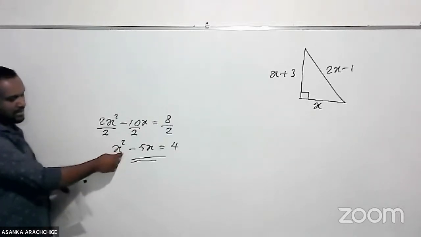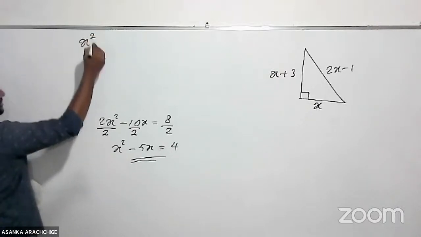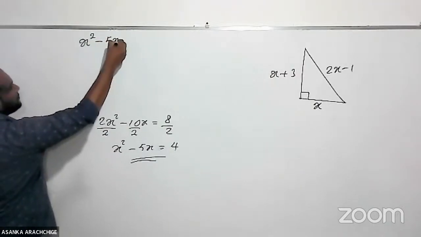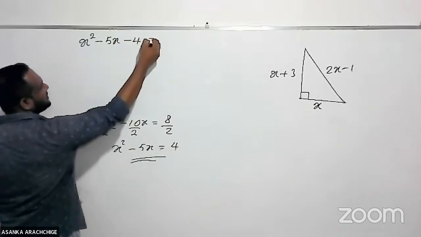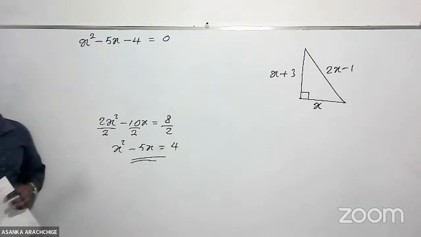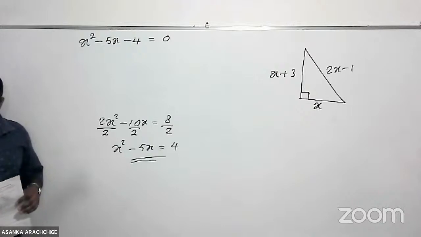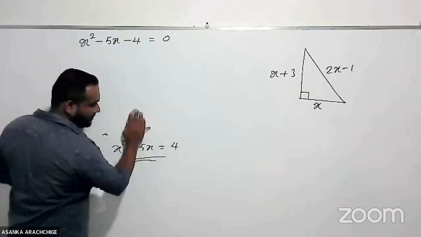Now we are going to solve this quadratic equation: x squared minus 5x, I take 4 to this side, minus 4 equals 0. By completing the square or by using the formula? Using the formula. Right.